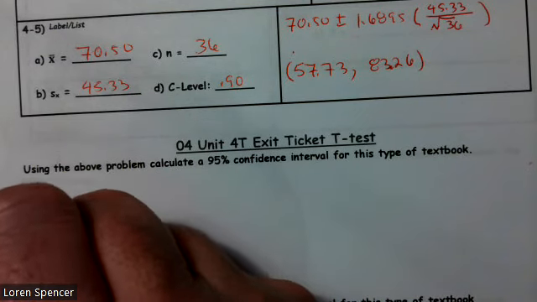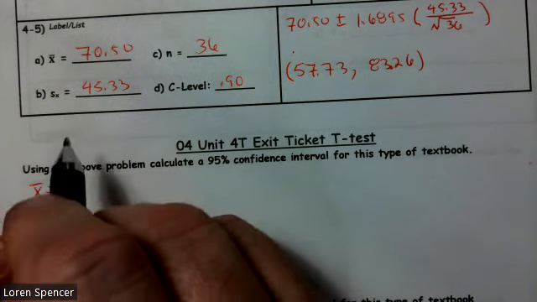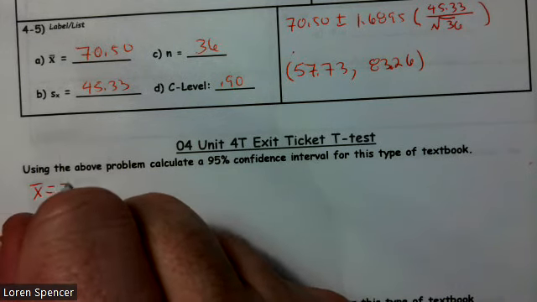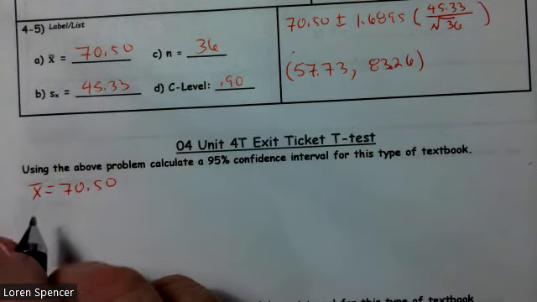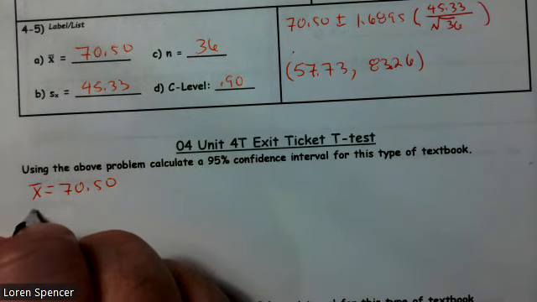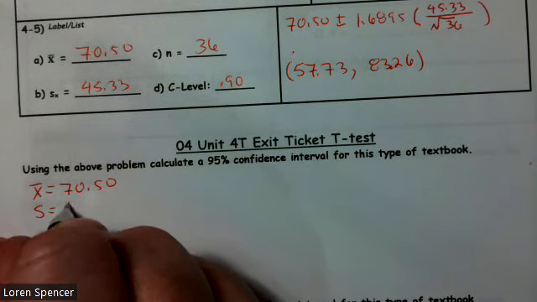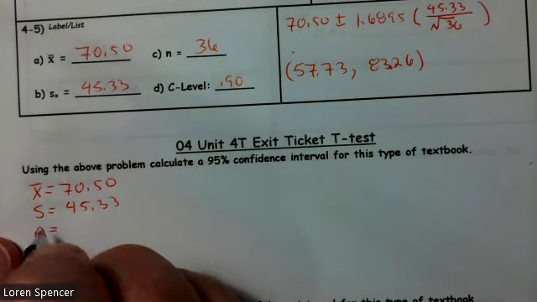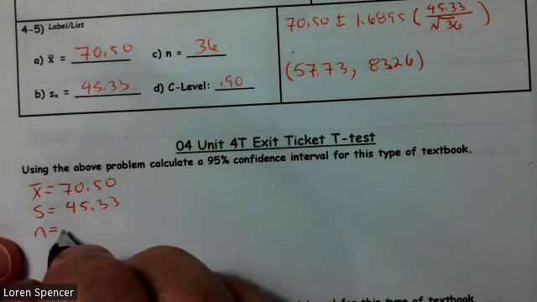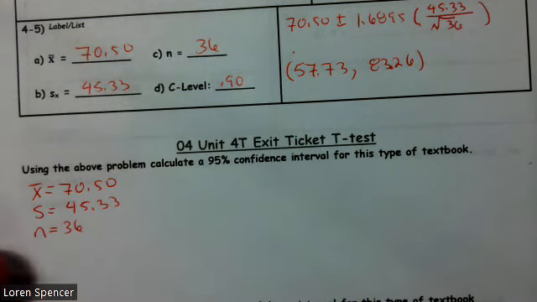Our sample mean was $70.50, our sample standard deviation was 45.33, and our sample size was 36. We're going to need all of that information.